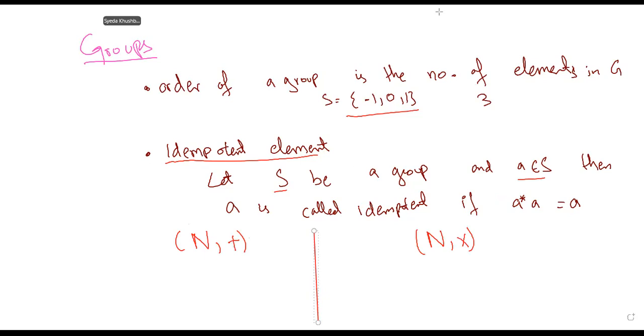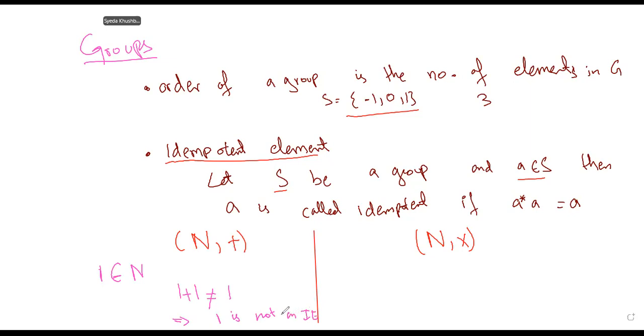So what they are telling us is that if A belongs to S, let's say we have 0, exactly, we don't have 0 in the set. Let's say if we have 1 belonging to N, 1 plus 1 is not equal to 1, right? So this implies 1 is not an idempotent element. This is how we see.